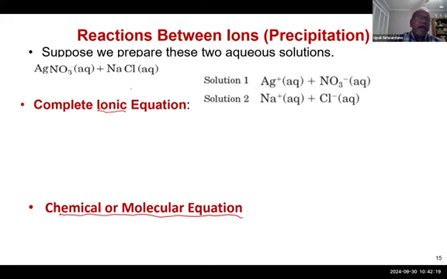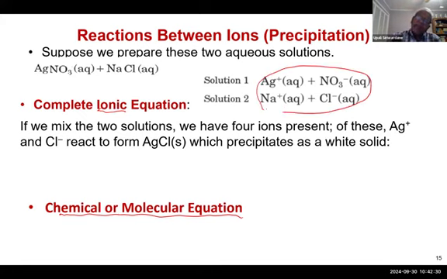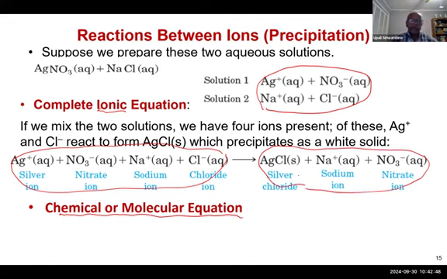Let's look at the complete ionic equation for this reaction. When you mix these two, these are the starting materials. These are the product combinations. Out of these two combinations, silver chloride is the only insoluble salt.